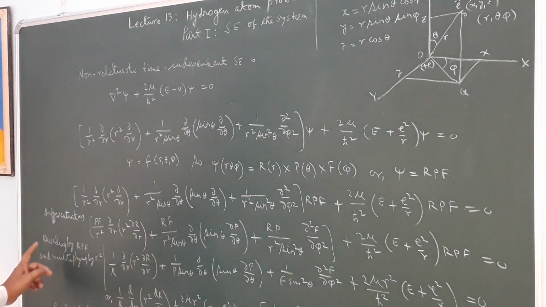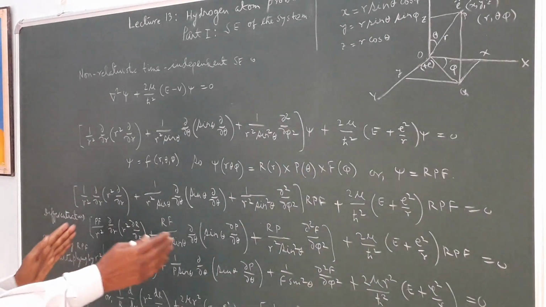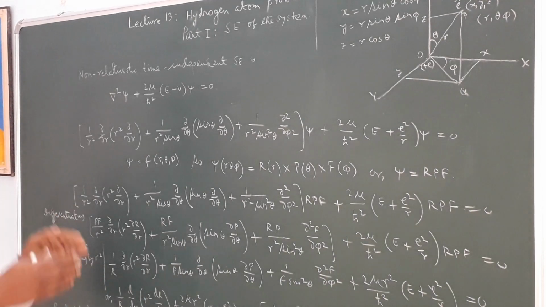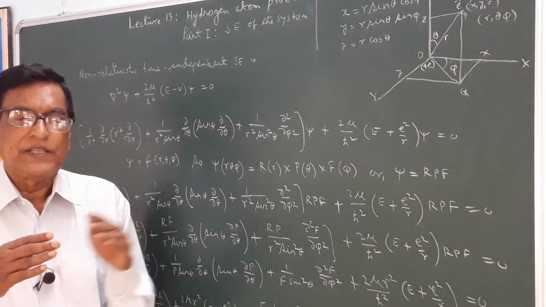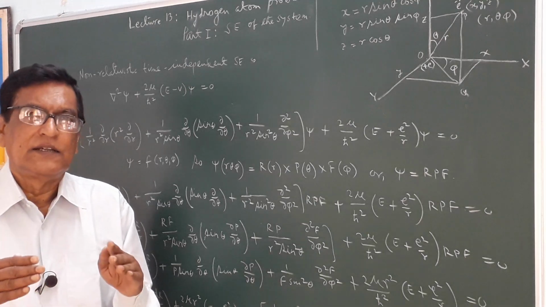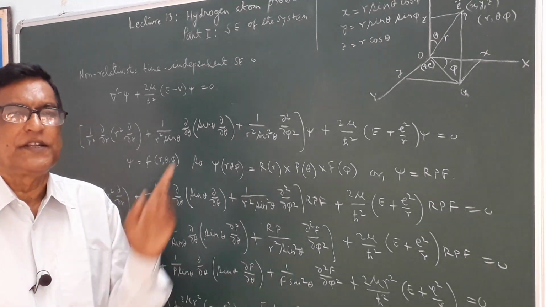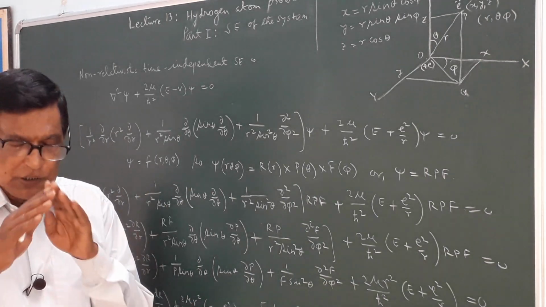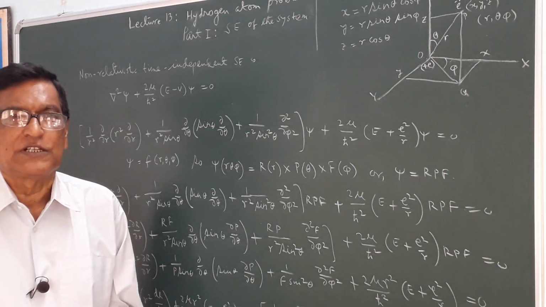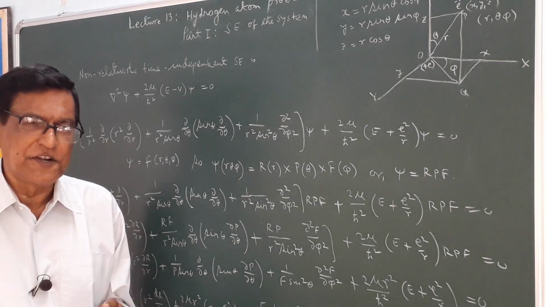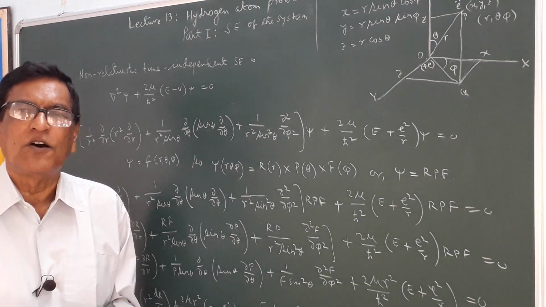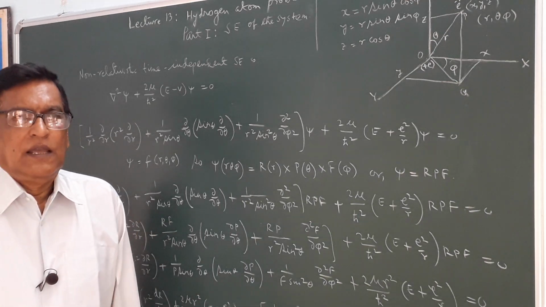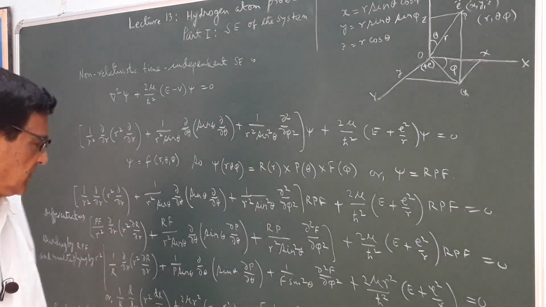So dividing by RPF and multiplying by r square, this operation is done in order to separate the Schrödinger equation into three independent equations, one depending on the radial distance, another depending on the zenith angle, and the remaining one depending on the azimuthal angle.